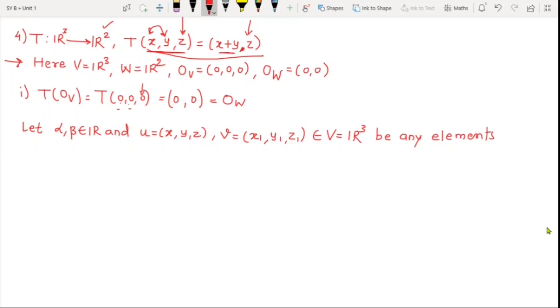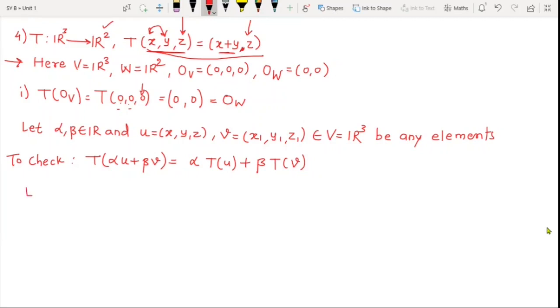Now what we have to check? We have to check whether T of alpha u plus beta v is equal to alpha times T of u plus beta times T of v or not. If this is happening, then we will say T is a linear transformation.